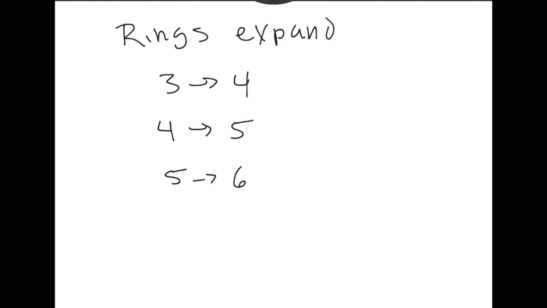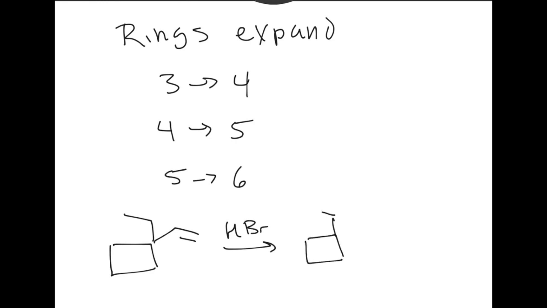All right, so what you're looking for when you're doing a ring expansion is you want to have a double bond beside the ring, so the carbon you interact with is one carbon over from the ring, adjacent to the ring. And the carbocation that you generate needs to be, again, adjacent to the ring.